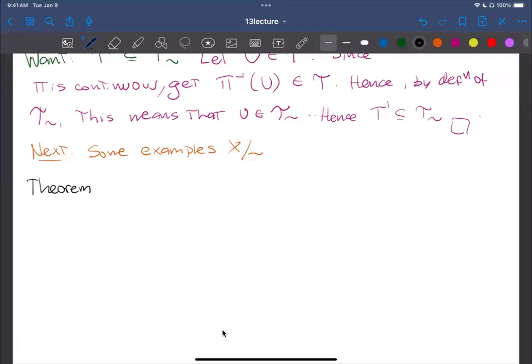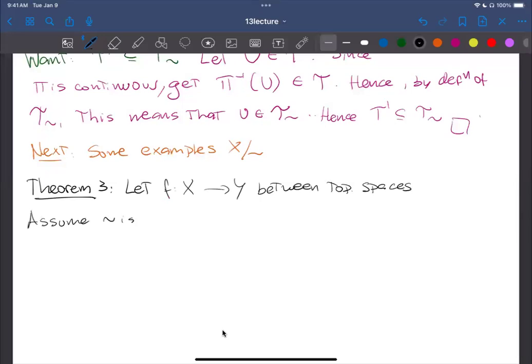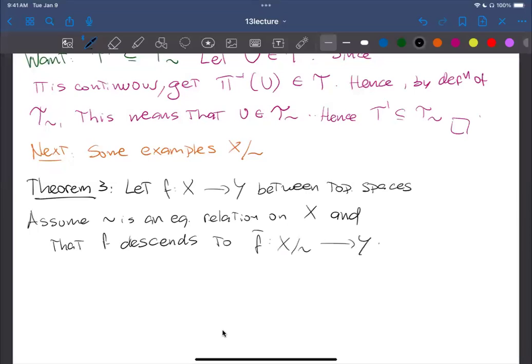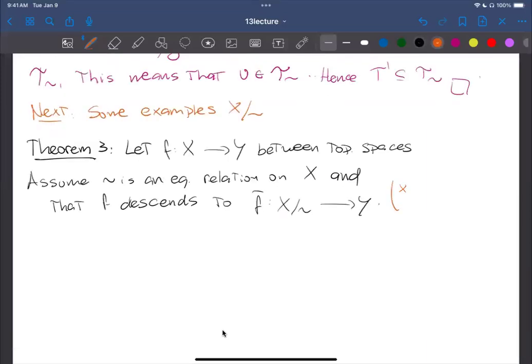Theorem 3. Now let's take a map between topological spaces, from X to Y, and we assume we have an equivalence relation on X, and assume also that f descends to the quotient and gives us a map f bar from the quotient space to Y. So this means, remember the definition says, if x is related to y, then f of x equals f of y.